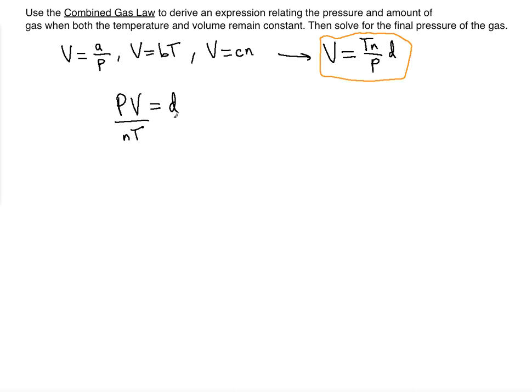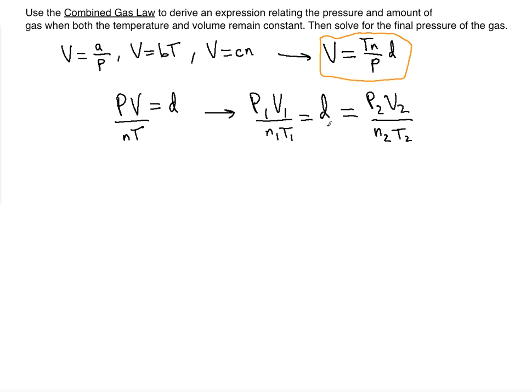As you should know, the constant is called a constant because no matter what the P and V and then n and then T, the D will be the same. So we might as well just say the initial pressure, initial volume divided by initial number of moles of the gas amount times the initial temperature is equal to the same D. And the final pressure, we'll label P subscript 2, the final volume, the final amount, and the final temperature of the gas is also going to be the same constant, because that's the nature of a constant.